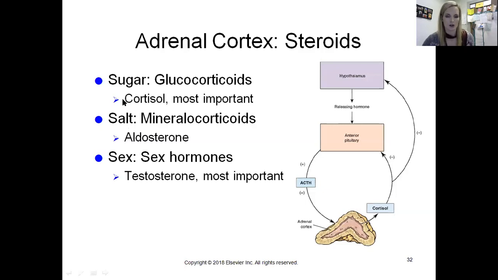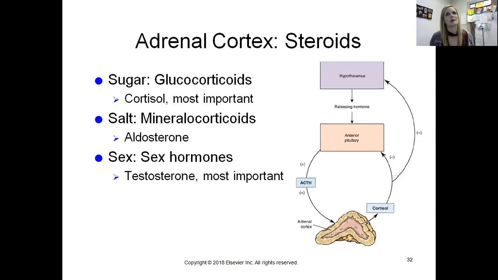So cortisol, regulating a little bit with our sugar. We're going to talk about these, but also cortisol is used as an anti-inflammatory in our body. So it helps with decreasing inflammation and pain.